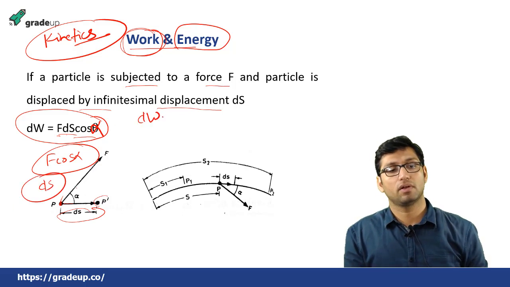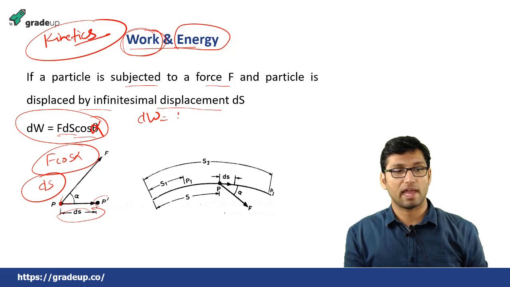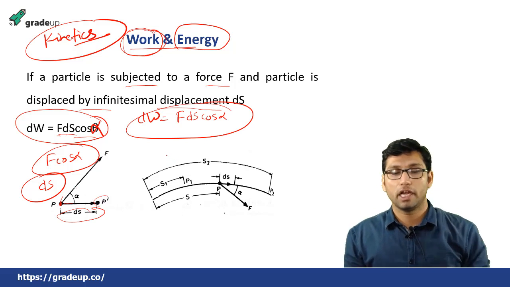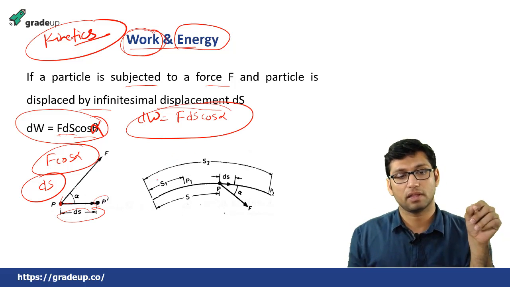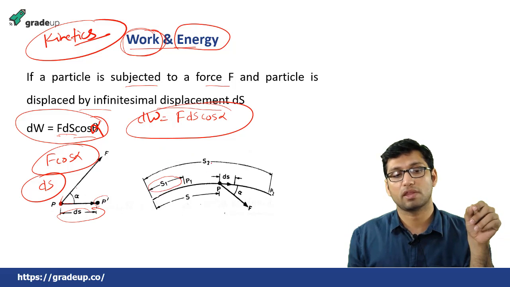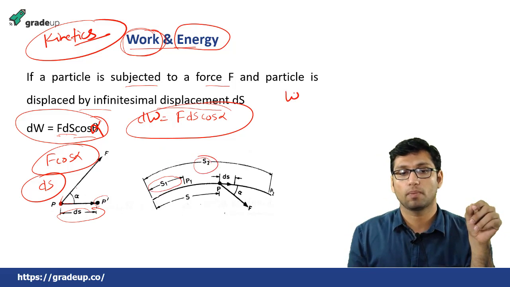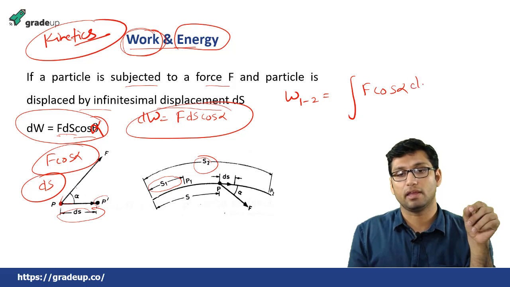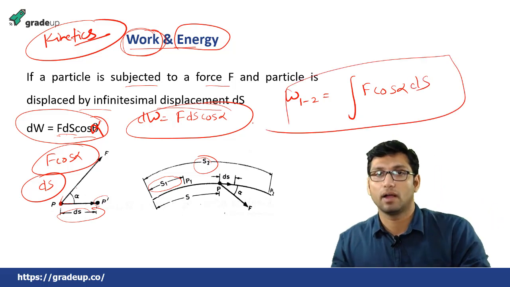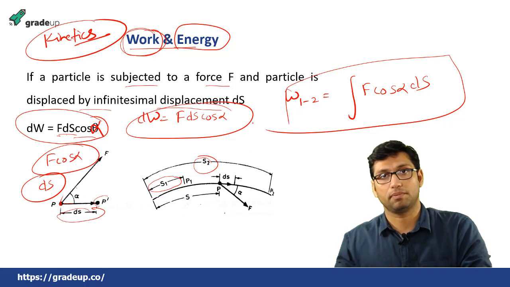So the net work done by the particle will be F into ds into cos alpha. Now if the displacement of the particle is changing from S1 to S2, then this work W12 will be equal to the integration of F cos alpha ds. This is how you can find the net work due to displacement.